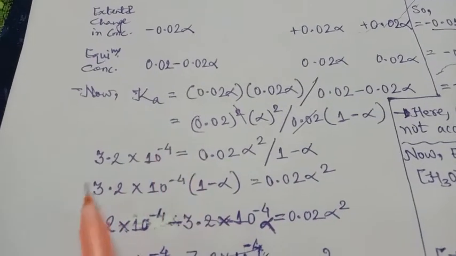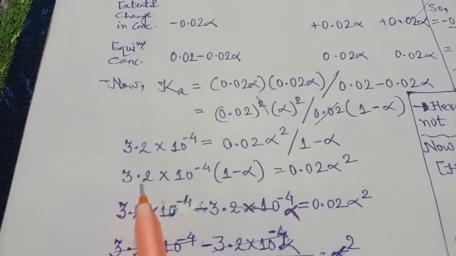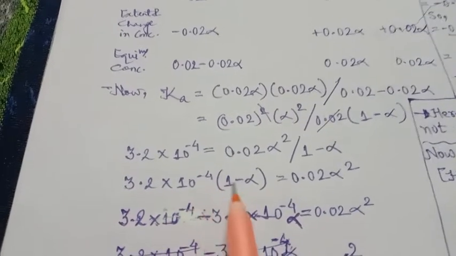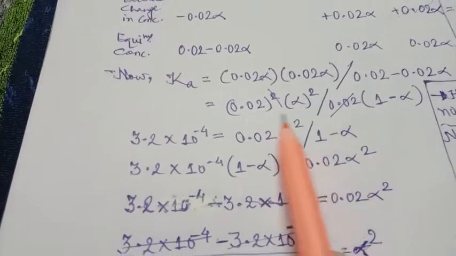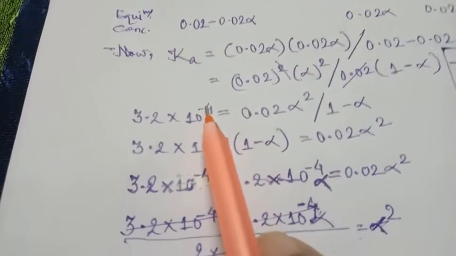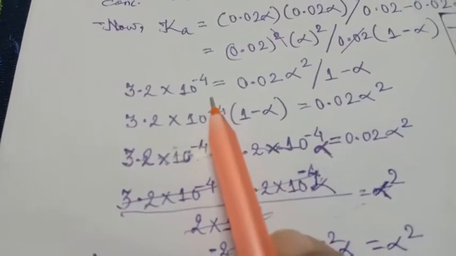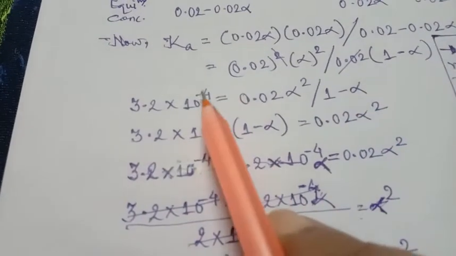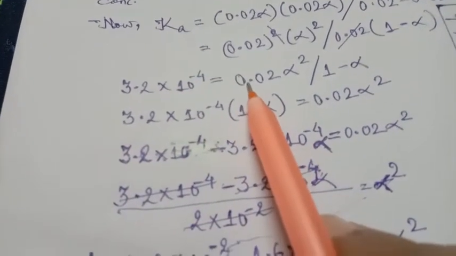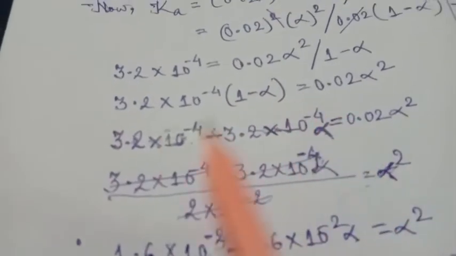Ka we already have, 3.2 into 10 raised to minus 4. So now putting the value of 3.2 into 10 raised to minus 4, the 1 minus alpha is in the denominator, so it will go to the multiplication. So 3.2 into 10 raised to minus 4 into 1 minus alpha is equal to 0.02 alpha square.